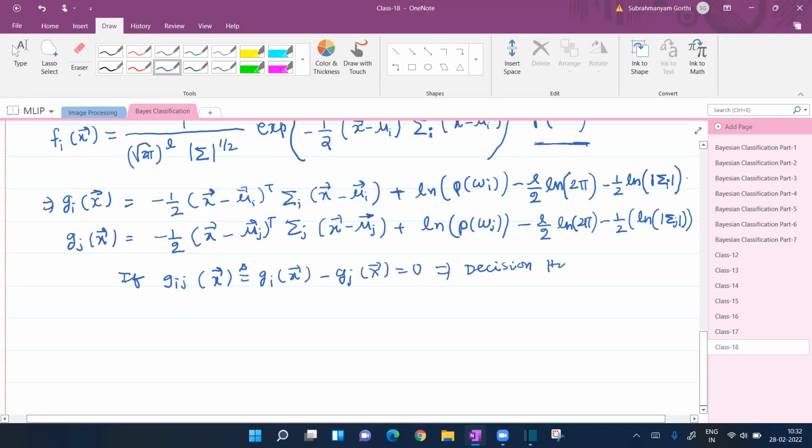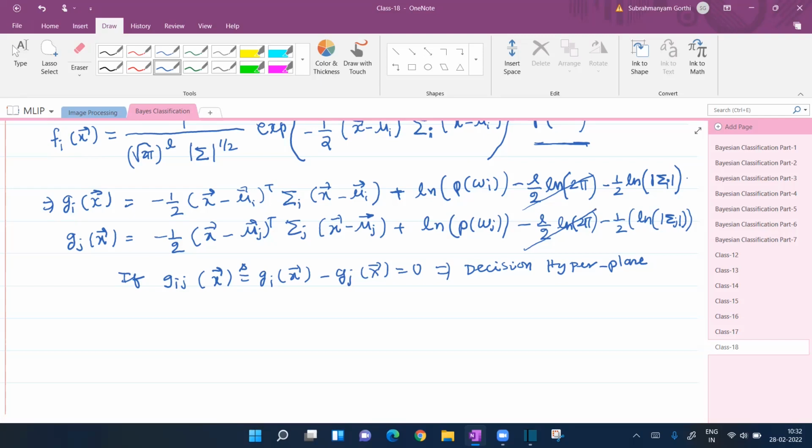Is there anything in the above expressions that I could drop but still arrive at the same result, since it is still a monotonically increasing function? Natural log of 2 pi. Right. You don't really need those terms. So you could in fact drop this term and this term. Still, this would be valid here. Correct? Anyway, that is going to get subtracted.